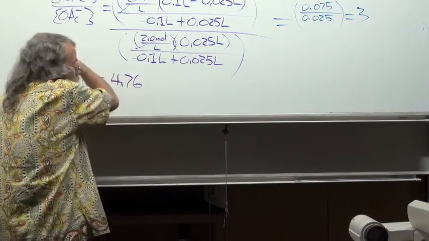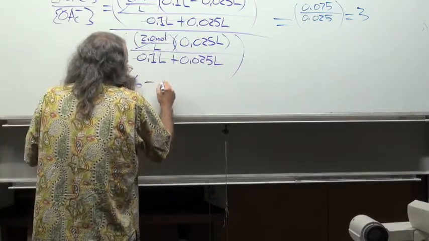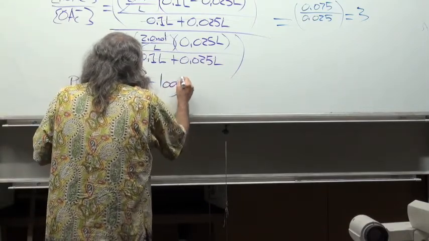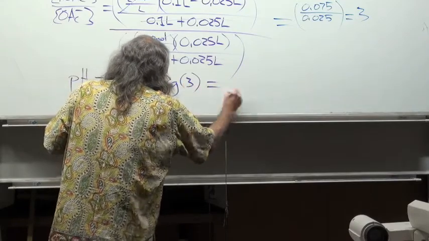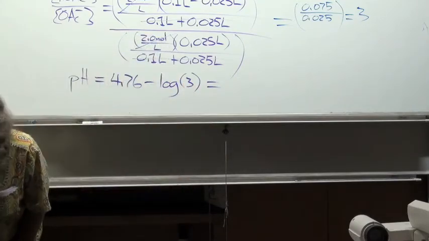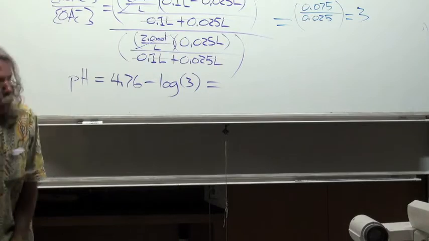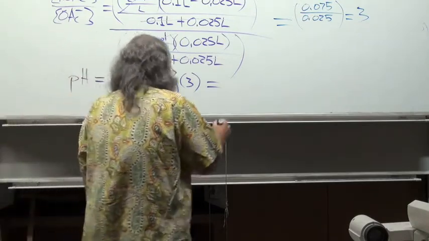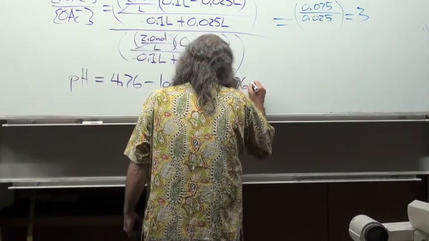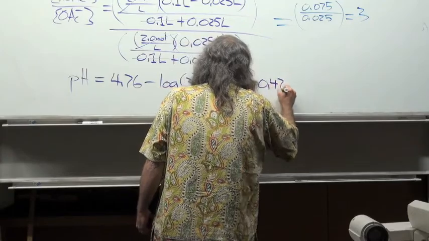4.76 minus the log of 3. And what is the log of 3? 0.477. So pH equals 4.76 minus 0.477.